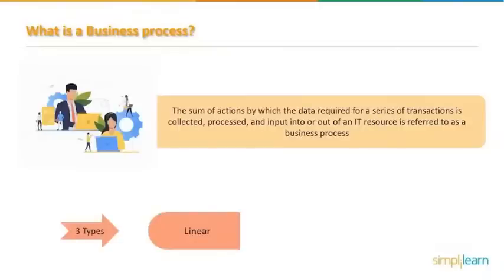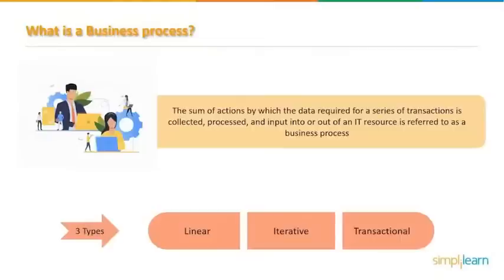Linear: the steps of a linear process are only done once, and if different data needs to be processed, the automation must be run again. Iterative: the steps of an iterative process are repeated several times, but different data items are used every time. Transactional: transactional systems, like iterative processes, have steps that replicate several times over various data objects.